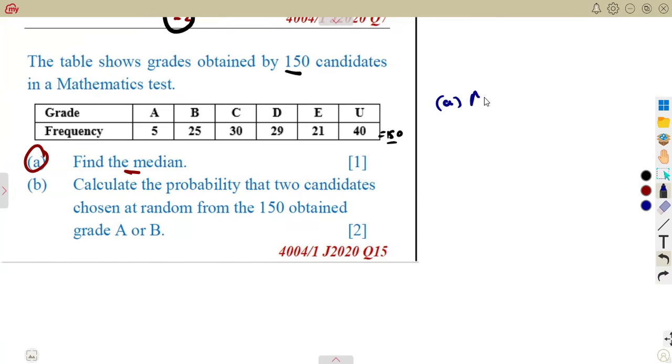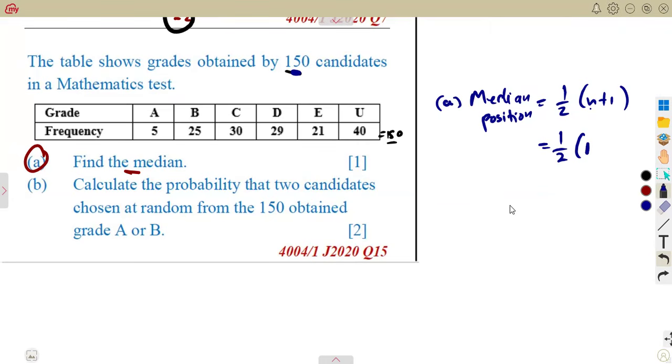The first thing is to determine the position of the median, which is half of n plus 1, where n is the total frequency. How many candidates are there? 150. We are already told the frequency.